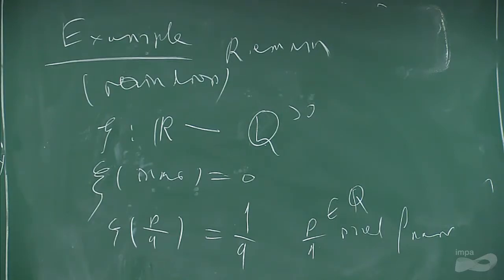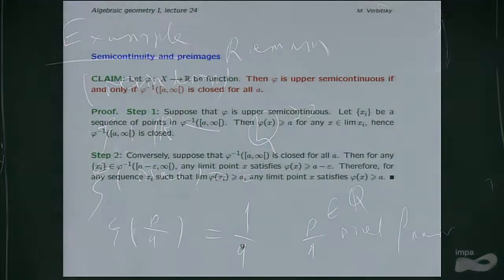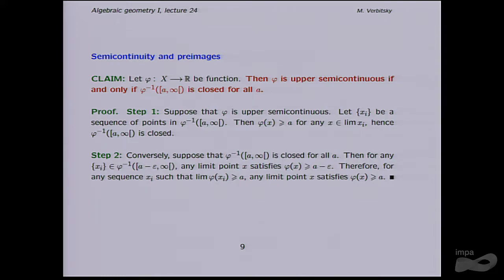Then phi is upper semi-continuous if and only if phi minus 1 of the ray from A to infinity is closed for all A. Okay, proof.